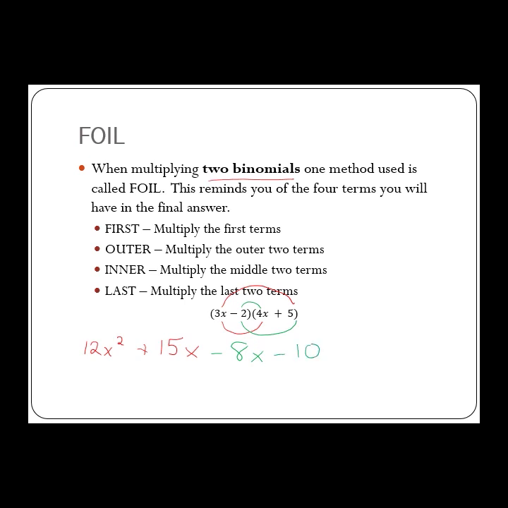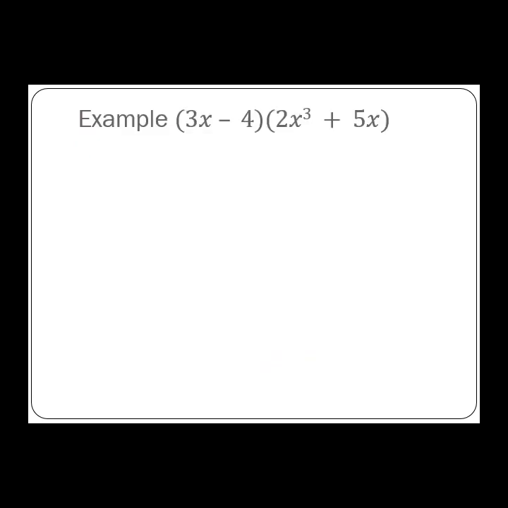Now we're actually not done here because we have these like terms that need to be combined. So the final answer is 12x squared plus 7x minus 10 because we had to combine those like terms. So that is how the FOIL method works.